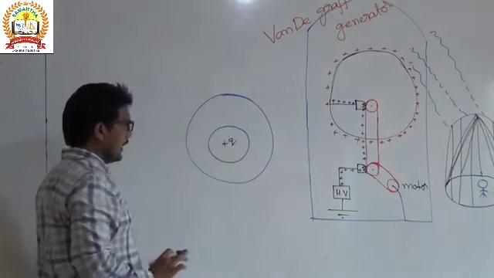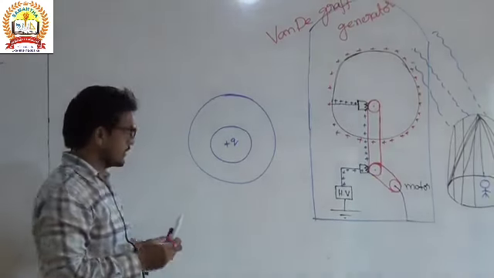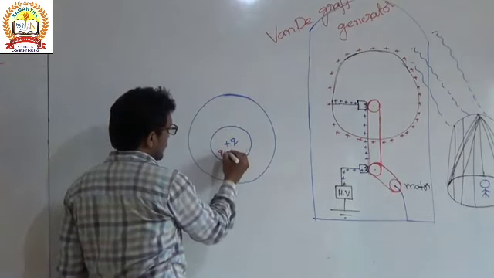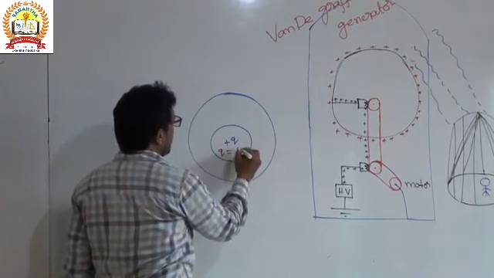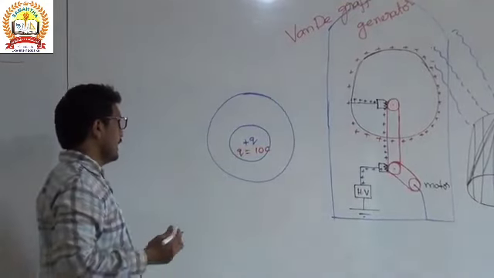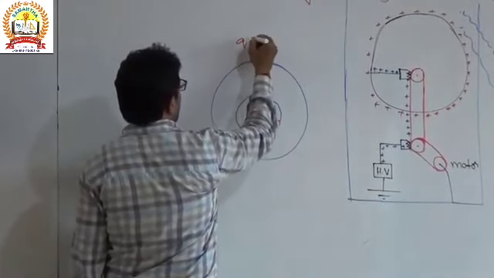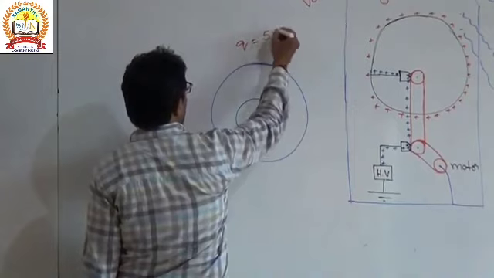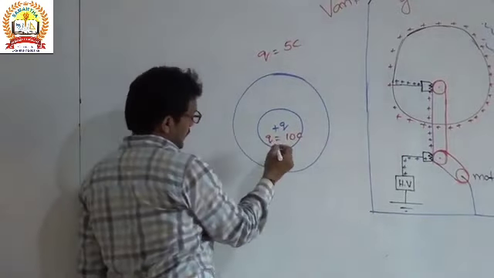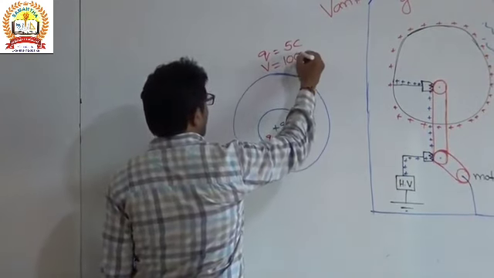Suppose the charge of the inner sphere is Q = 10 coulomb, and the outer sphere also has some charge, say 5 coulomb, and the potential is V = 1000 volts.